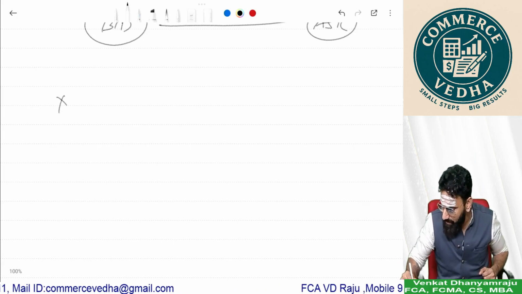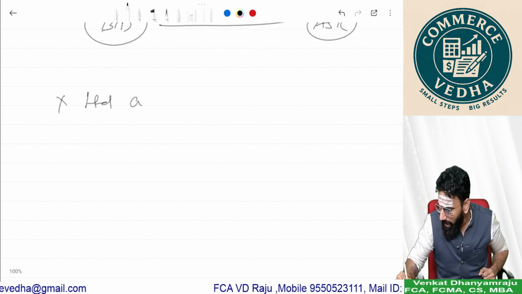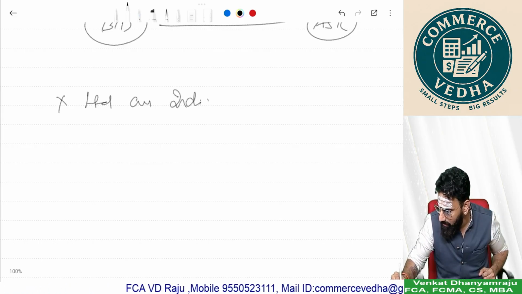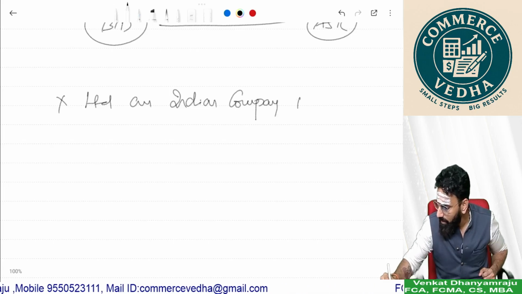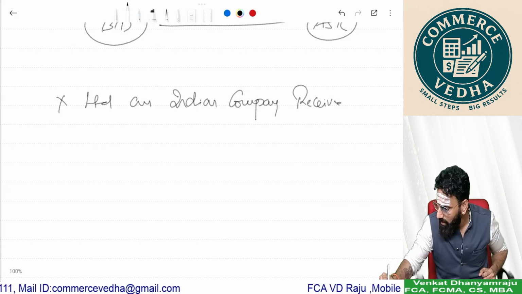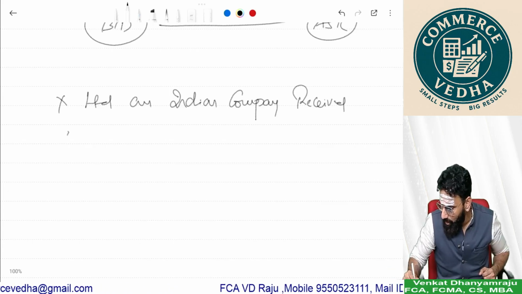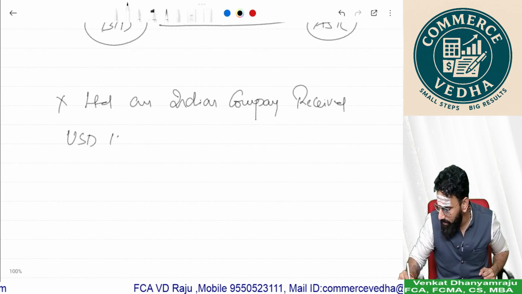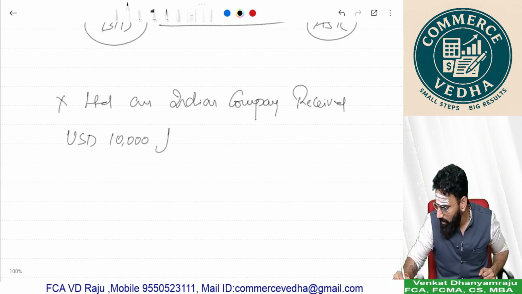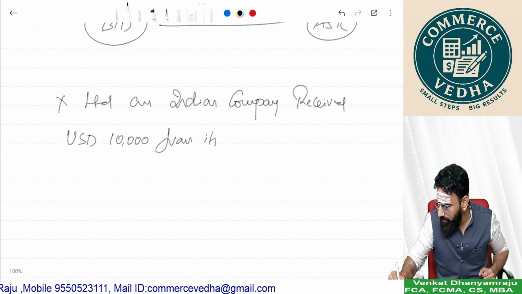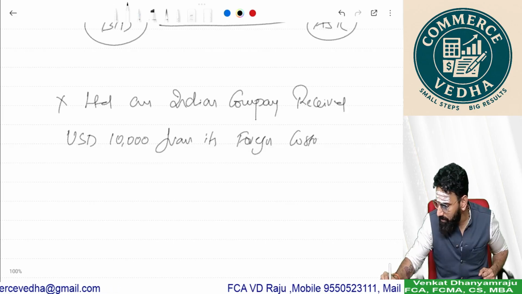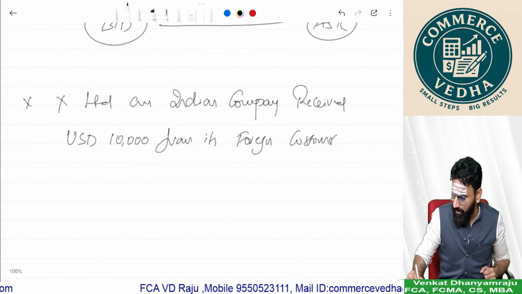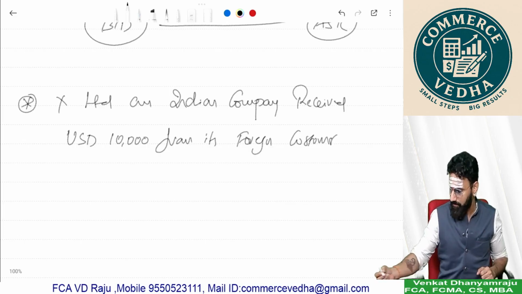Now, again a small example will help in understanding bid and ask. X Limited, an Indian company, received US dollars 10,000 from its foreign customer, right?